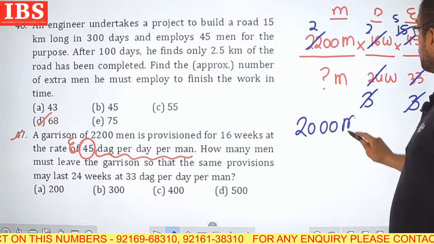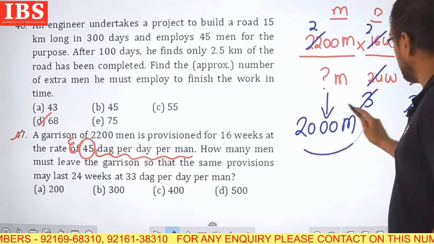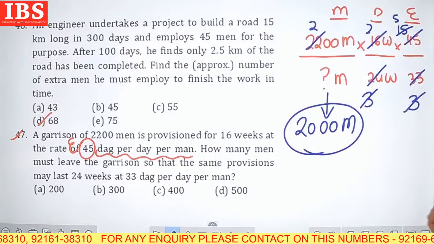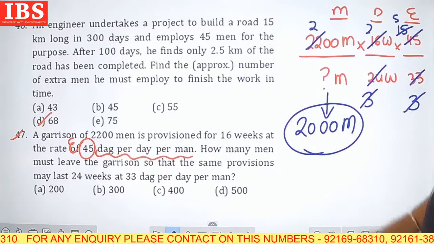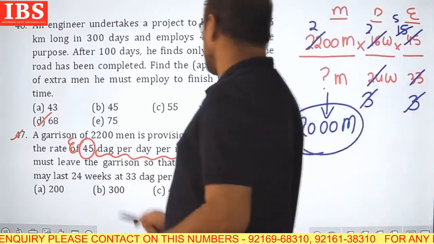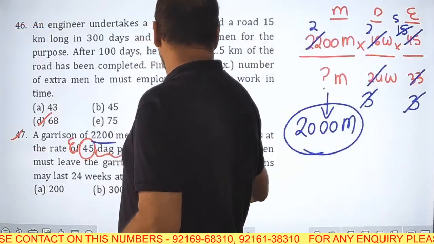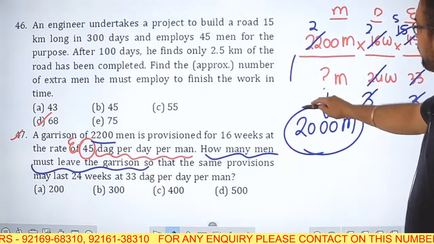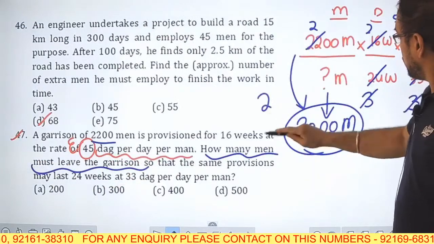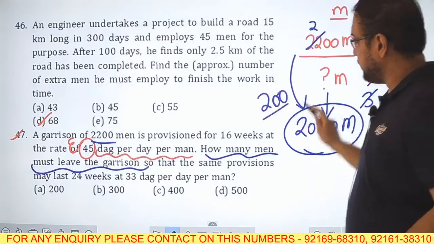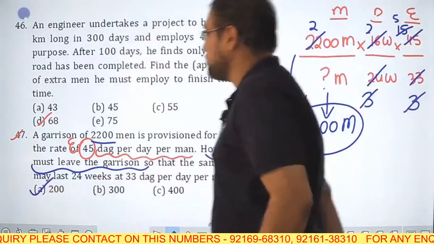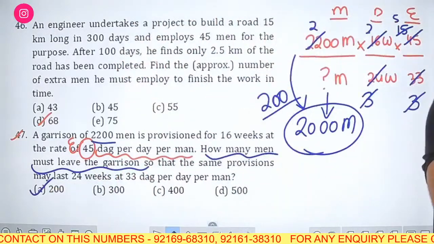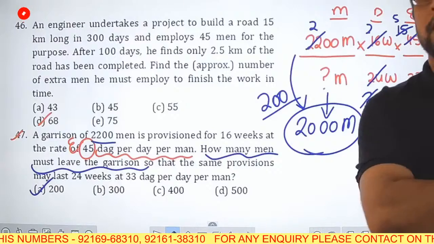So the question mark will be 2000 men. Earlier it was 2200 men and now there are 2000 men. So how many men must leave the garrison? So how many left from here to here? 200 men left. So the answer will be A, that is the right answer.